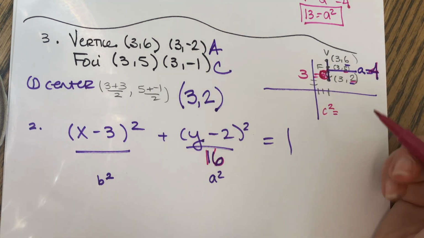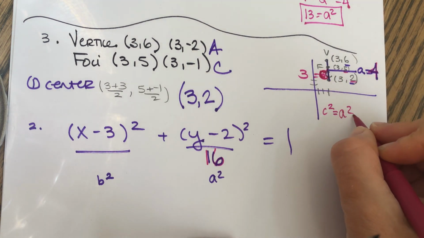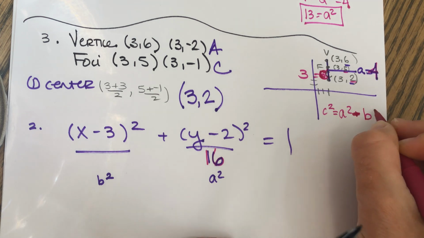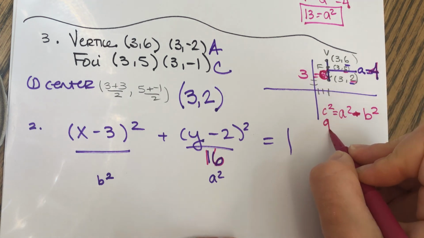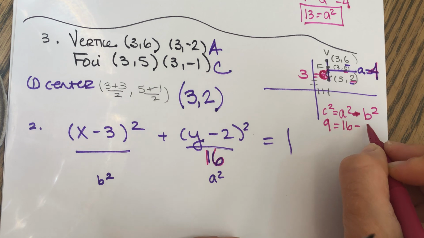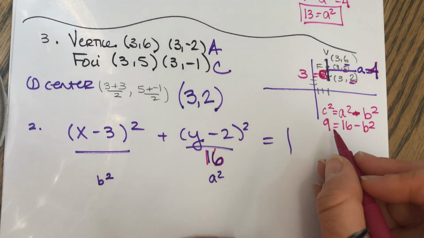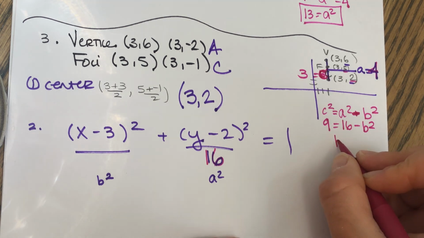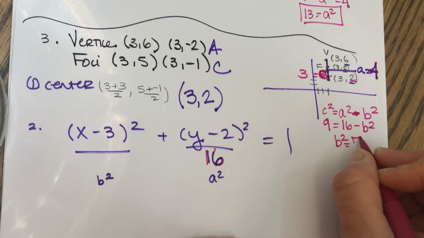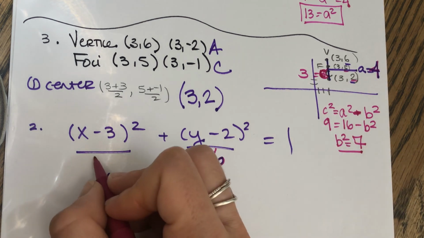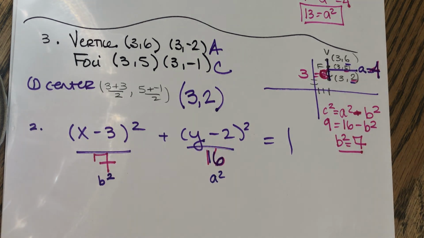C is 3. So we have our C squared equals A squared minus B squared. C squared, 9, equals A squared, 16, minus B squared. So B squared equals 7. Put it right here. And you're done.